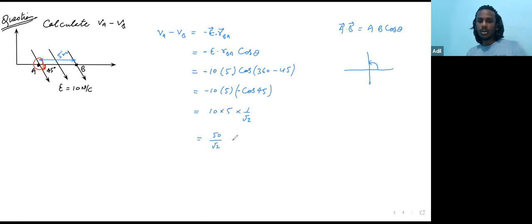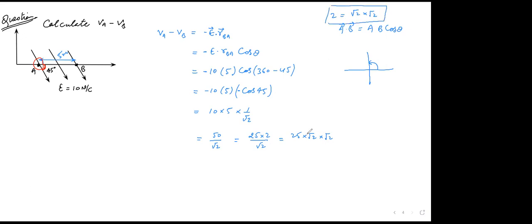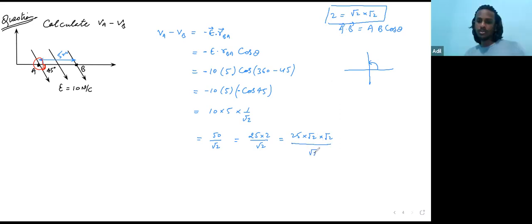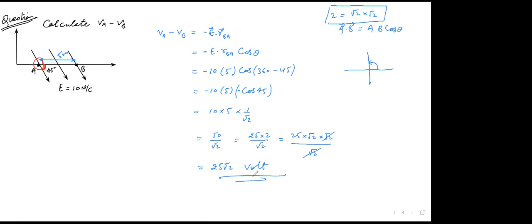50 over root 2. Sometimes you can also write 50 as 25 into 2 over root 2, or 25 into root 2 into root 2, because root 2 into root 2 is equal to 2. Is it true or not, Nawal? Over root 2, root 2 cancels with root 2. You get 25 root 2 volt. Is it clear?